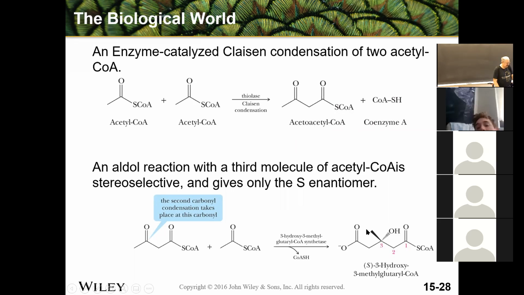And an aldol reaction with a 3rd molecule of acetyl coenzyme A is stereoselective and gives only the S enantiomer.